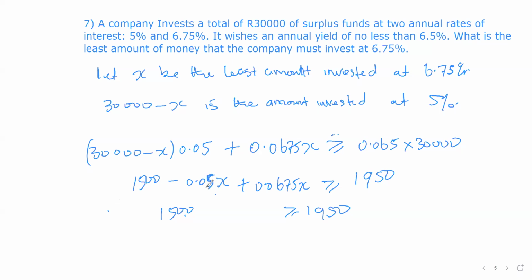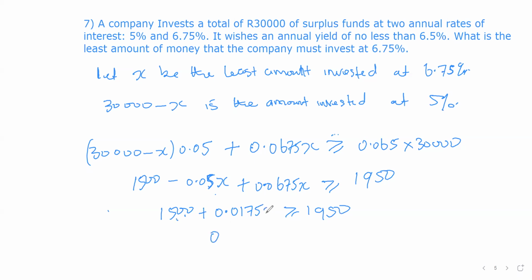The mistake I made was to add 0.05 and 0.0675, and I got the wrong answer. This is a common mistake most of you will make, instead of adding negative 0.05 and 0.0675. So the right answer will be positive 0.0175.